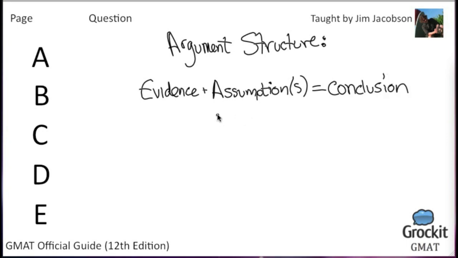Another way to think about the assumption is as unstated evidence. It's something that the author believes is part of the argument. The author is assuming that the reader will consider that also or make the same logical step. And it is a key element of the conclusion.